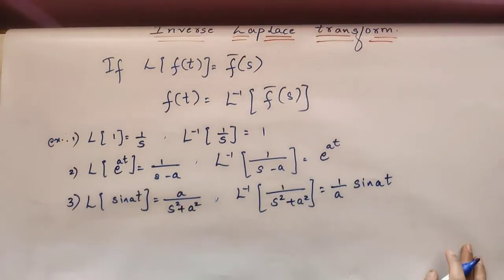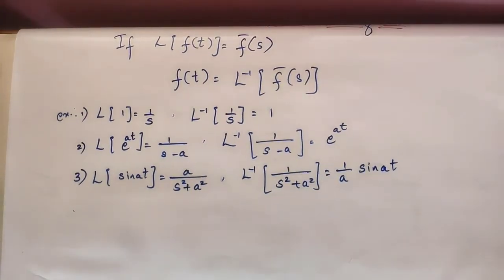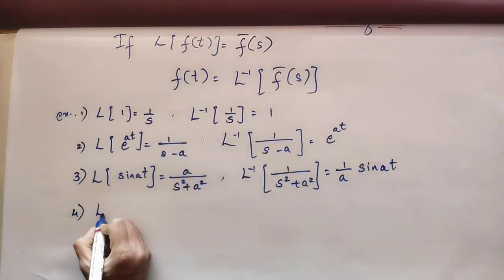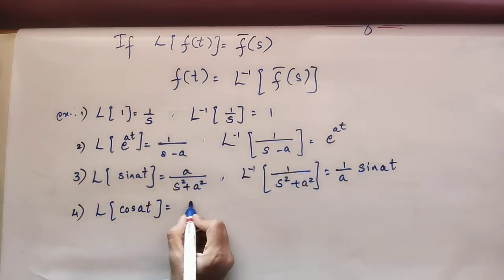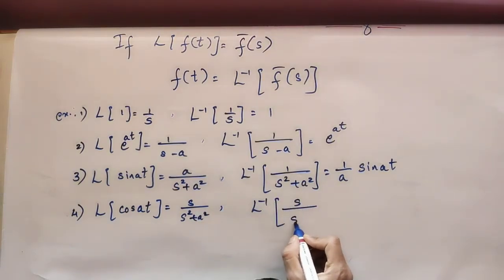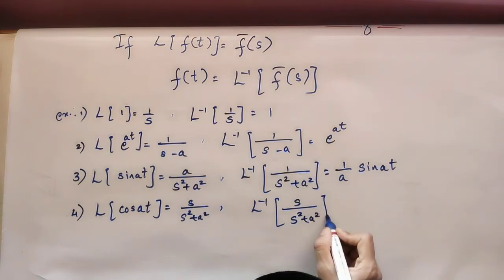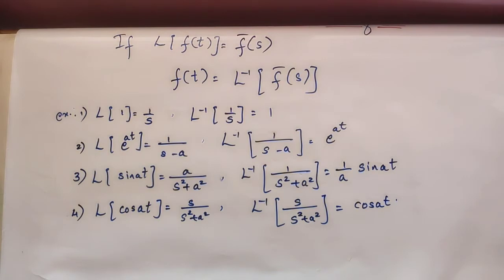Is it? Similarly, we can move on to a few more Laplace transform derivations which we have learnt already. The Laplace transform of cos at, you all know, is s divided by s square plus a square. So you can similarly write the inverse Laplace transform of s divided by s square plus a square, which is definitely cos at.